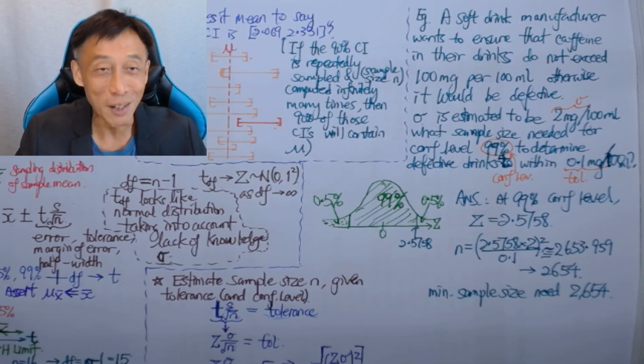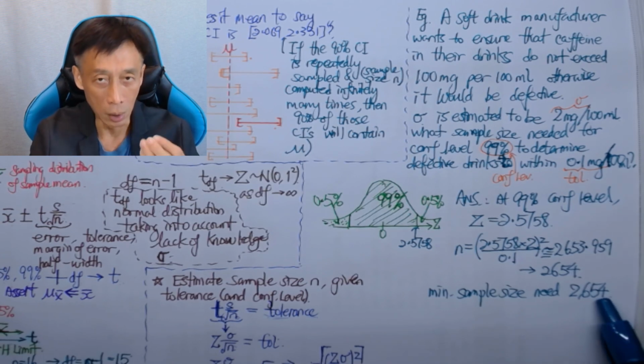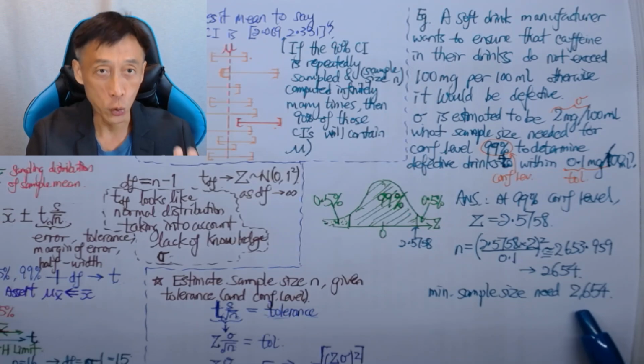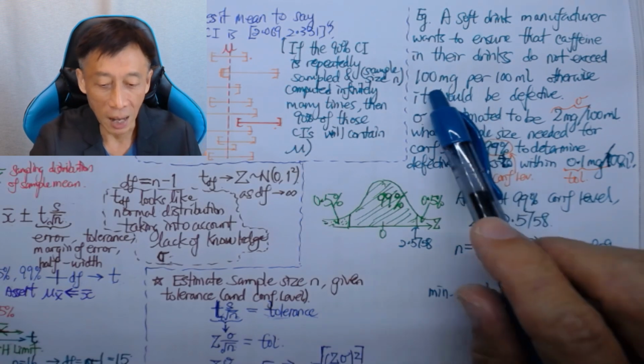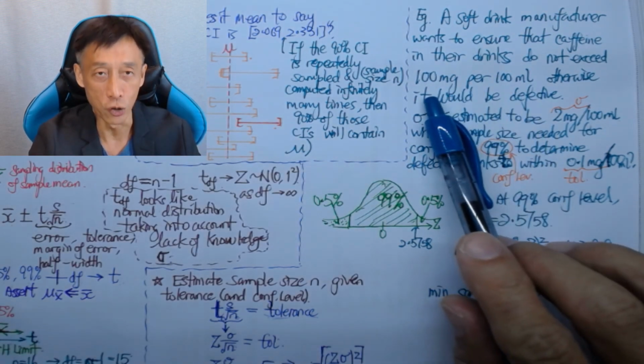If you have more vitamin C than the claimed 100 mg per 100 ml, that's fine, right? It's not so much of a problem. So when we look at 2654 and our conclusion is it is less than 100 mg, then we are more sure, right, that the population mean caffeine level per 100 ml is not exceeding 100 mg.